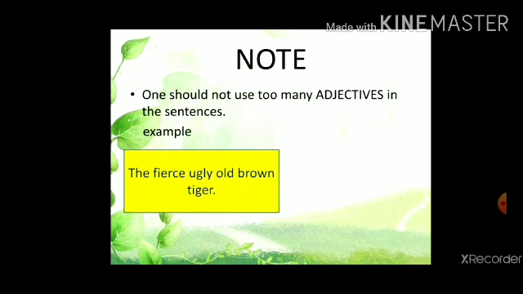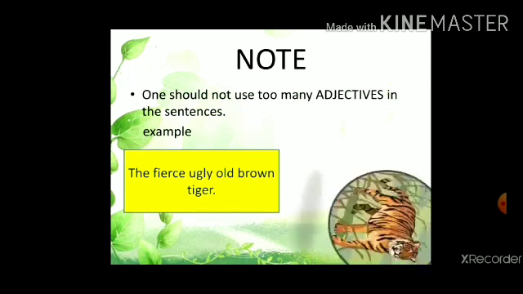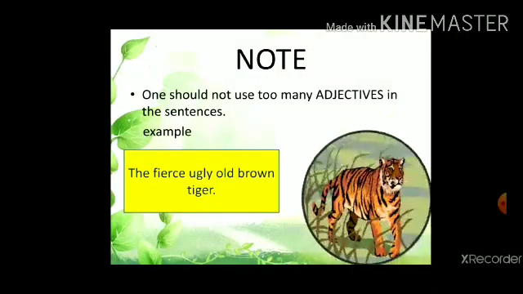For example, in this sentence, the fierce, ugly, old, brown tiger. The sentence contains too many adjectives, due to which the importance of the tiger has been lost. So we should avoid using too many adjectives in the sentence.